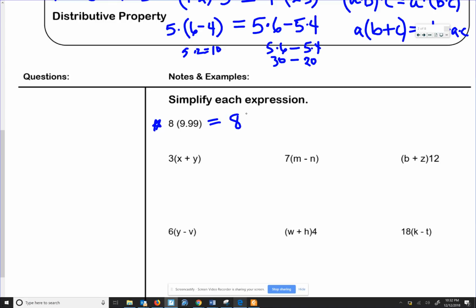This is the same as 8 times $10 minus a penny. And then I'm going to use this distributive property, which says this. Take 8 times $10. That's $80. Then take 8 times this 1 cent.